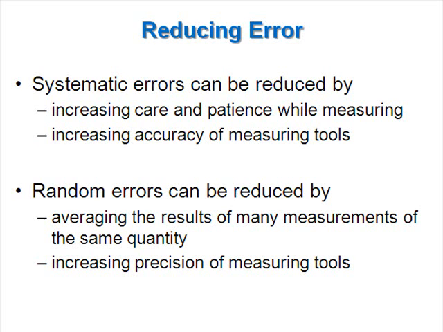In terms of random errors, one way to reduce the effect is you can get an average among the various measurements, and you can create a better tool that would reduce the scattering that goes on. For example, use a laser measuring system as opposed to simply a meter stick.